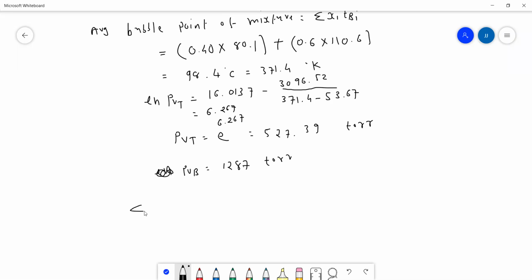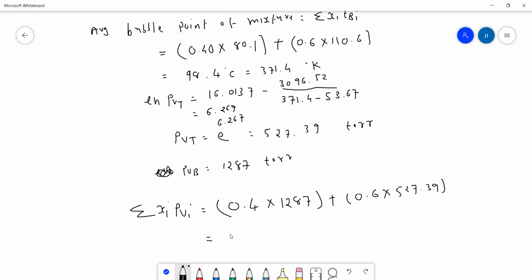Now the summation of xi pvi, first for benzene, its mole fraction is 0.4 and its vapor pressure is 1287, plus the second component, o-xylene. Its mole fraction is 0.6, because benzene is 0.4, and its vapor pressure we already calculated as 527.39.